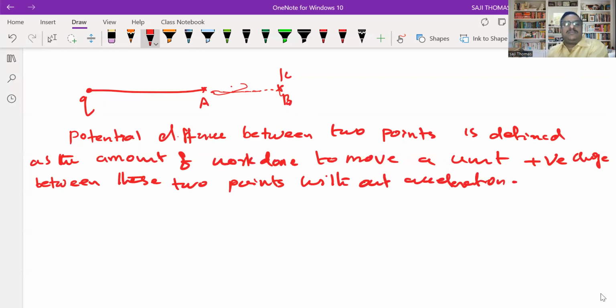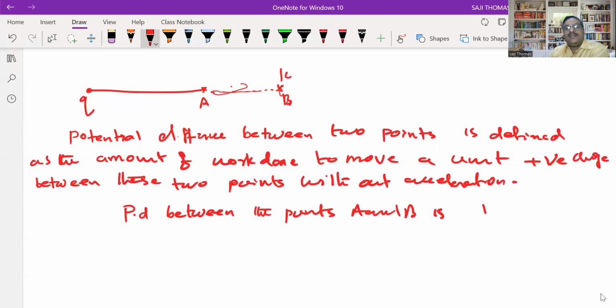Suppose we are moving a charge from B to A. So potential difference between the points A and B is VA minus VB. So here we are moving 1 coulomb charge from B to A. This is the potential difference between 2 points. We write it as VAB. That is equal to VA minus VB. Okay.